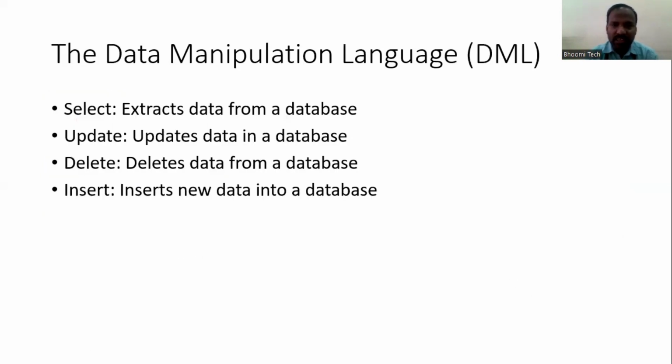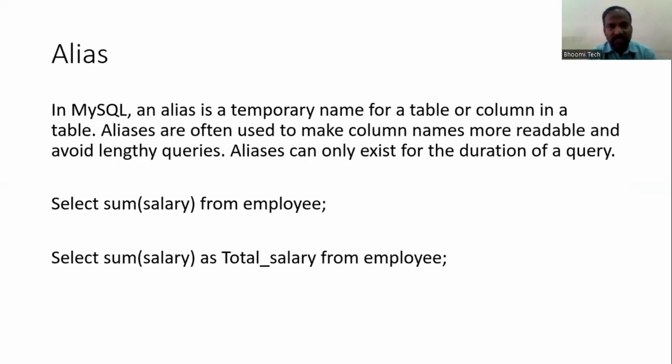So we have seen the data manipulation language commands like select, update, insert, and delete commands using the workbench. And now we discuss an alias. What is an alias? It is nothing but giving a name for a column or for the tables, so that in nested queries this alias is very important.